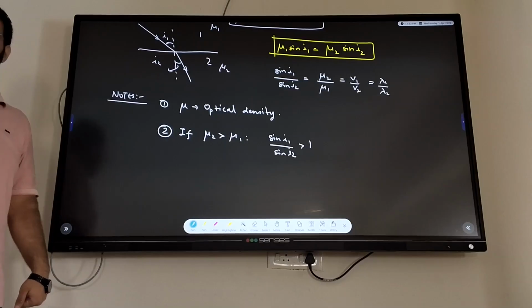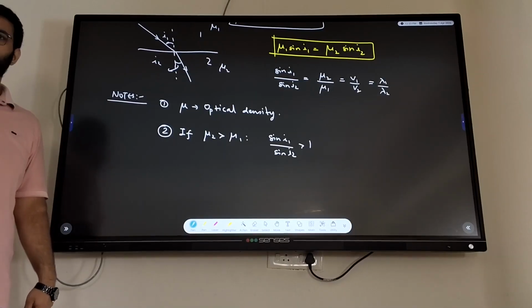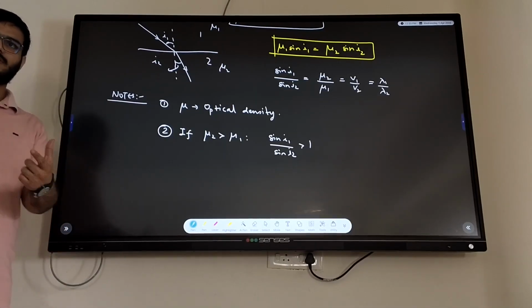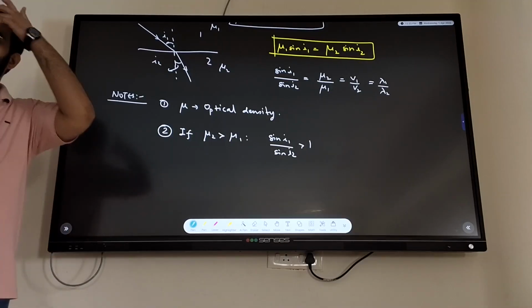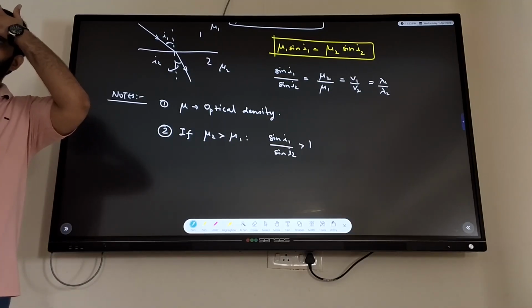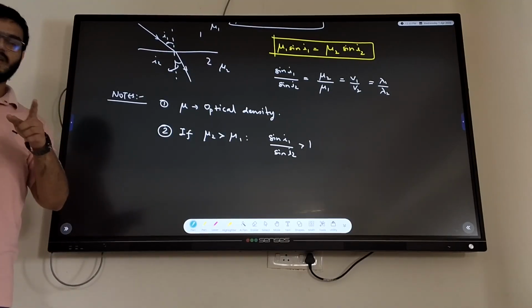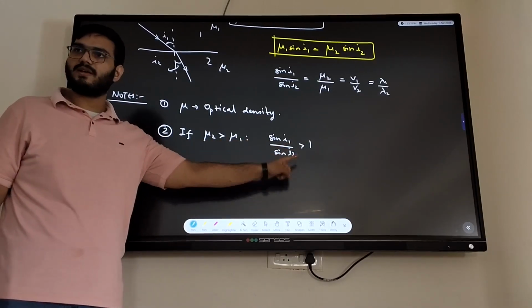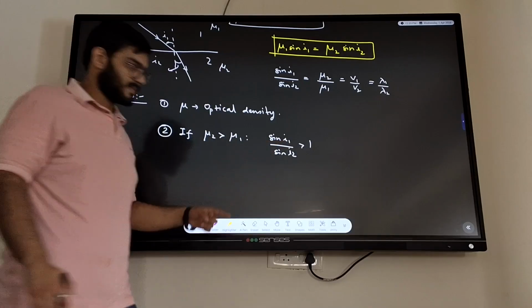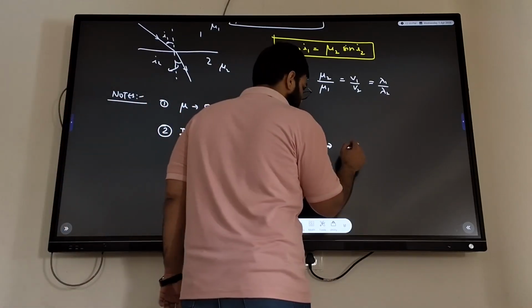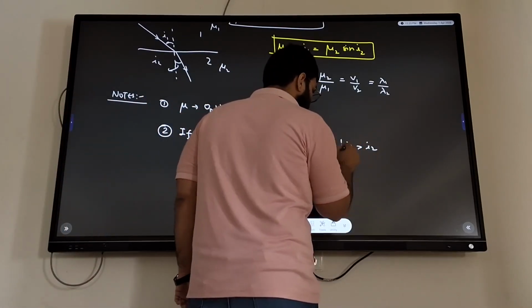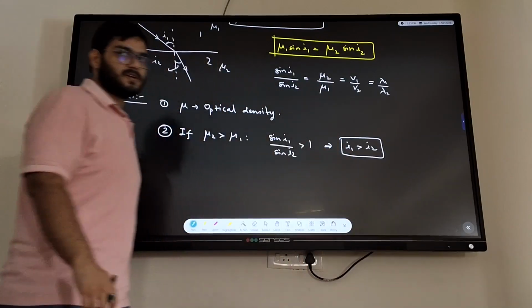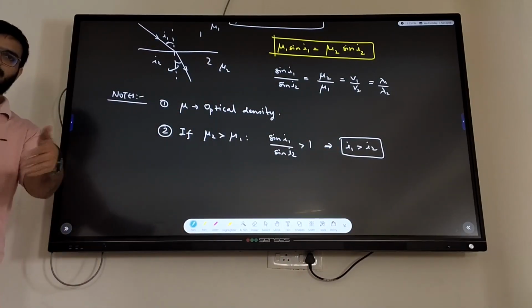Now, do you know the sine function, if I take the angle between 0 and 90 degrees, is it an increasing or decreasing function? Increasing. So if sin I1 is greater than sin I2, then you can say that I1 is greater than I2. This is only true because we are considering angles between 0 and 90 degrees.